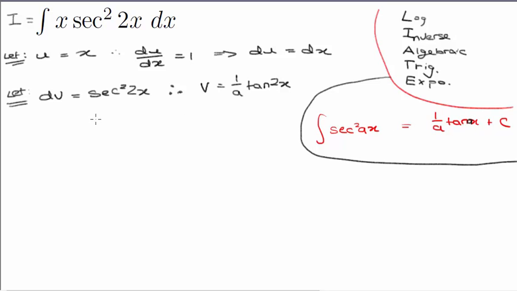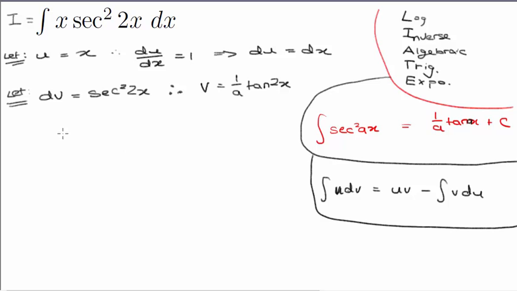Now we can proceed to our normal integration by parts, recalling that the formula is the integral of u dv is equal to u times v minus the integral of v du. That's a formula that we should remember from now. So let's rewrite the integral: I equals the integral of x sec squared 2x dx.